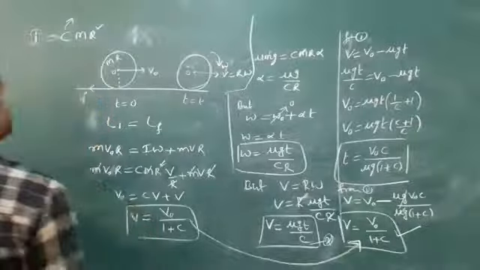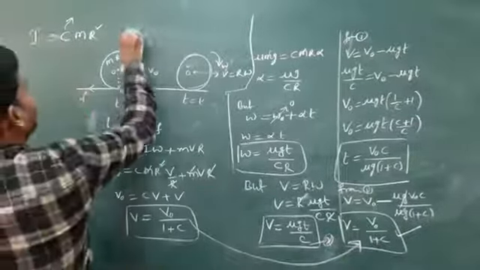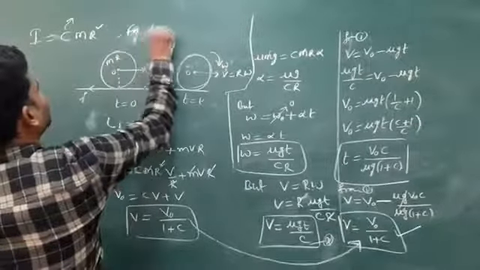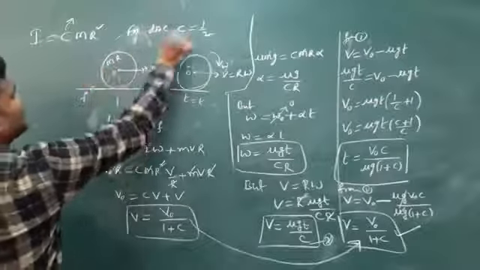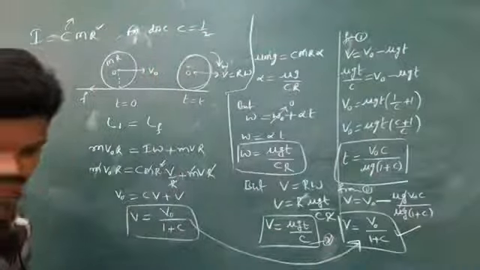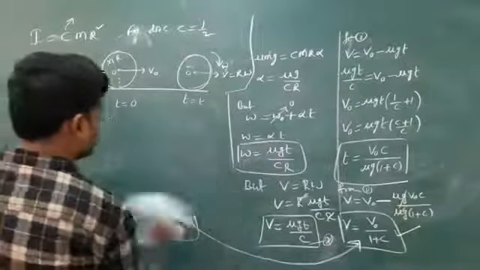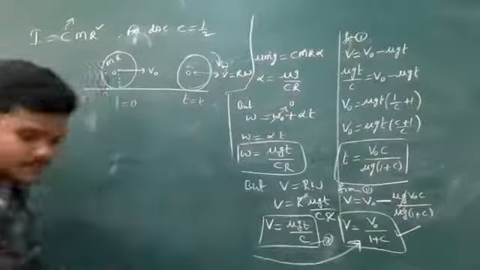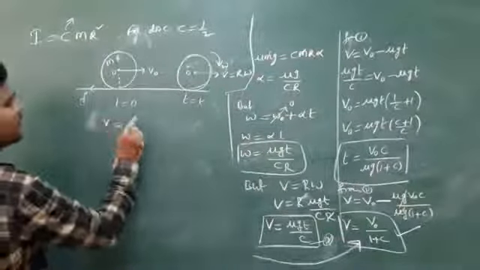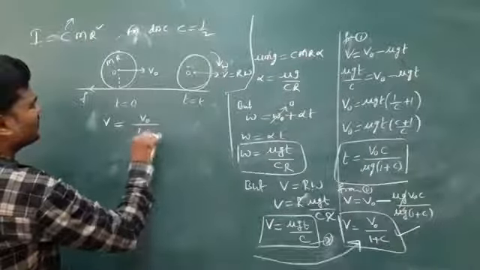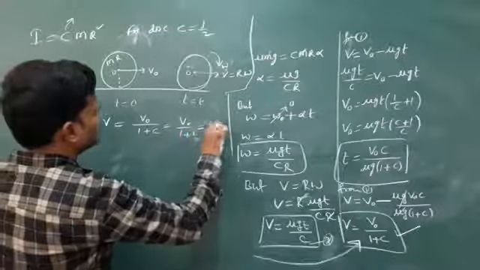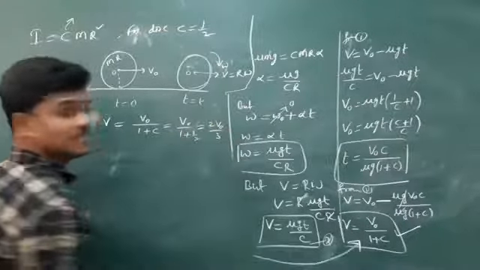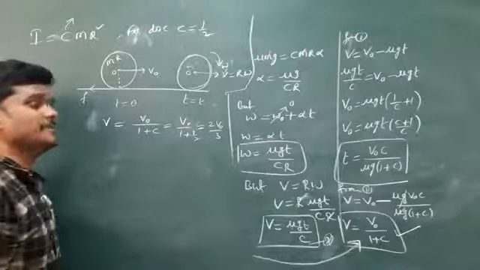Okay, let us suppose it is for a disk, let me write one problem here only. For a disk, it is 1 by 2, so I am taking c equals 1 by 2. A disk is rolling. The final speed of the disk is v naught by 1 plus c, which is 2v naught by 3, the speed of the disk after a time t.